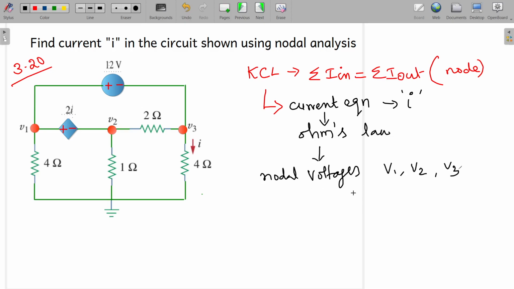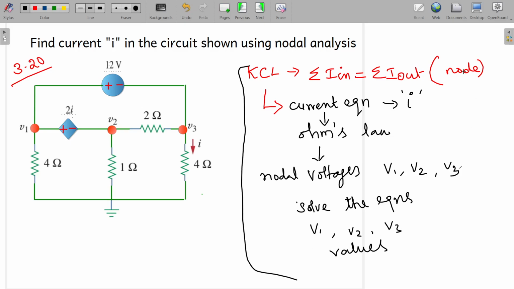You will get equations that are called linear equations or simultaneous equations. Those linear equations must be solved. Once you solve them, you get the values of V1, V2, V3. This is how we do nodal analysis. This is the general procedure.